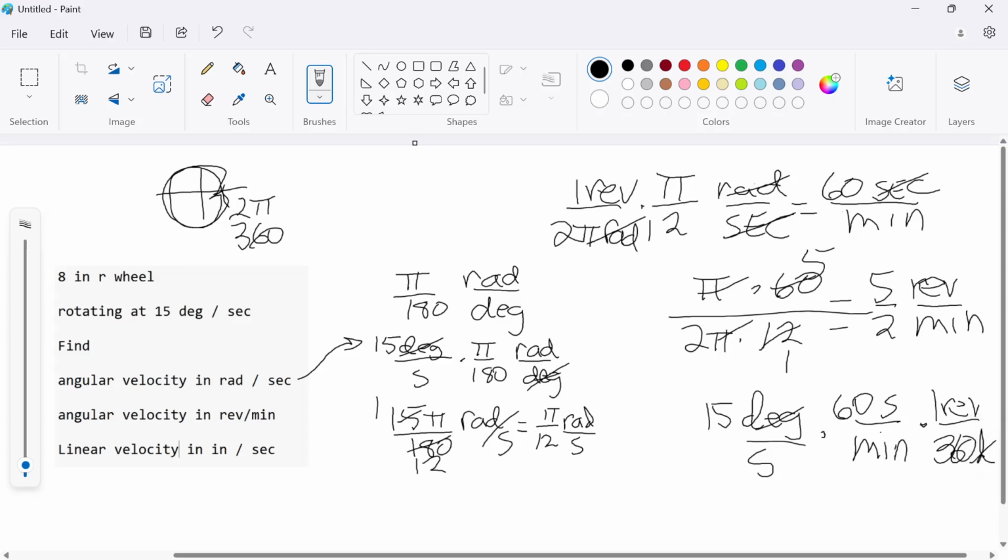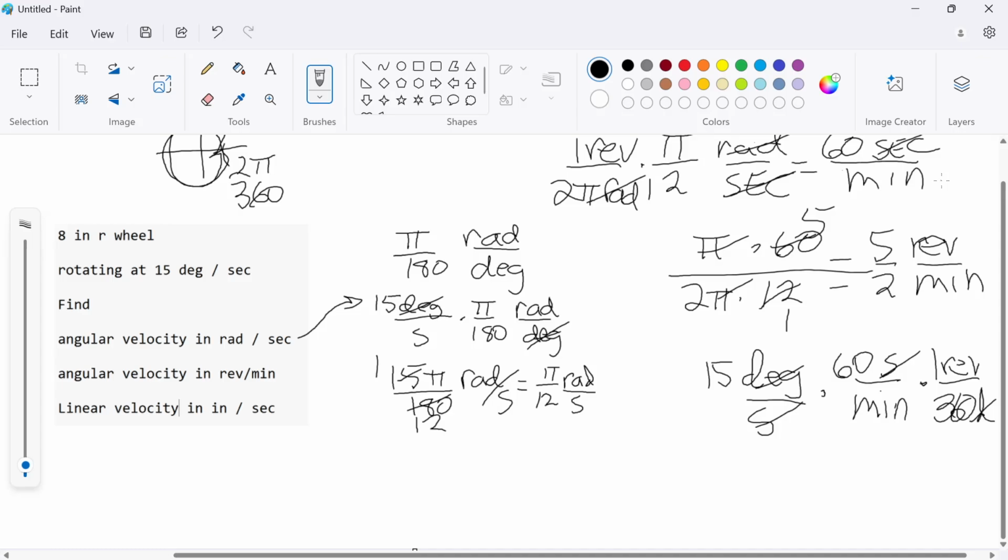The degrees cancel out, the seconds cancel out, and again I have revolutions per minute. 15 times 60 divided by 360. 60 goes into 360 six times, so 15 sixths. 15 divided by 3 is 5, 6 divided by 3 is 2. 5 halves revolutions per minute. So no matter if I use the angular velocity in degrees per second or radians per second, I can convert them to revolutions per minute.